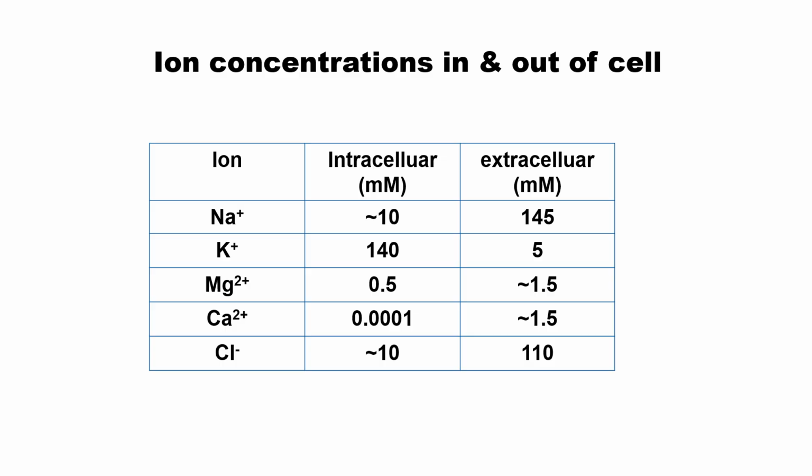Now let's compare the ion concentration difference between inside and outside of the cells. If you look at the intracellular space, the sodium concentration is about 10 millimolar, but extracellular space is more than 10 times that. In the opposite way, potassium is much higher in intracellular space, and extracellular space is much lower. But the total amount of sodium and potassium concentration is quite similar on both sides.